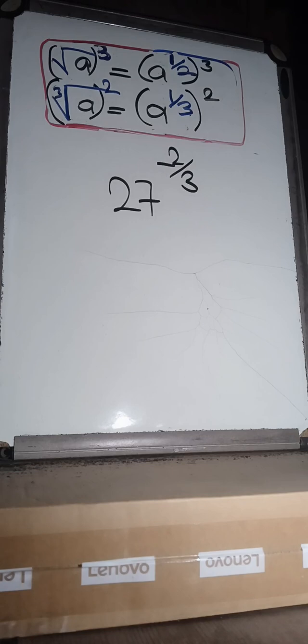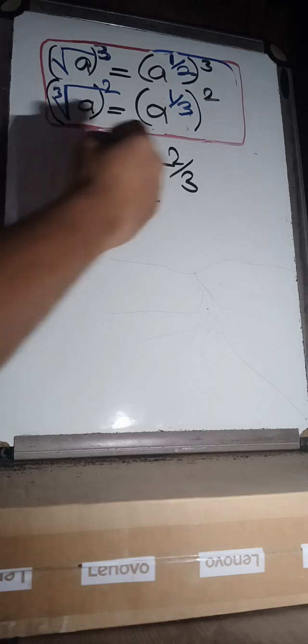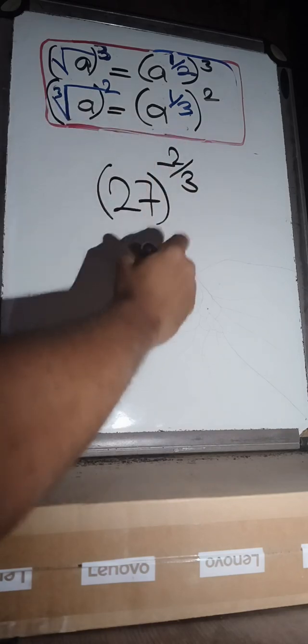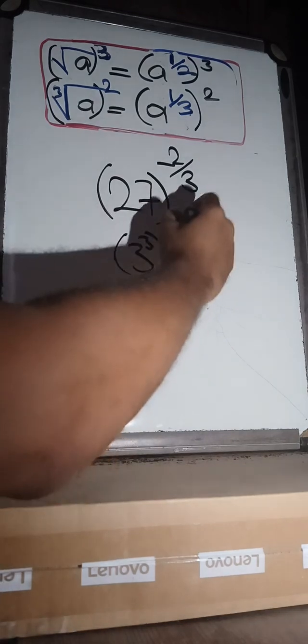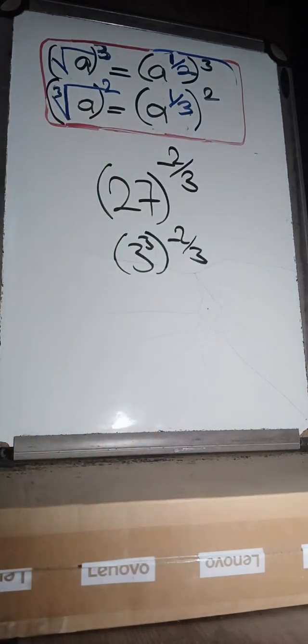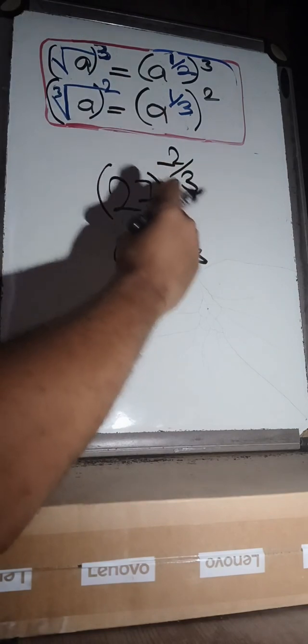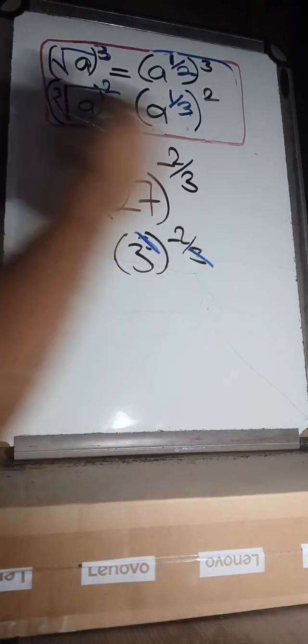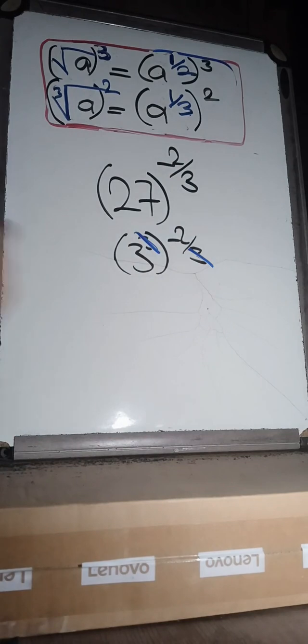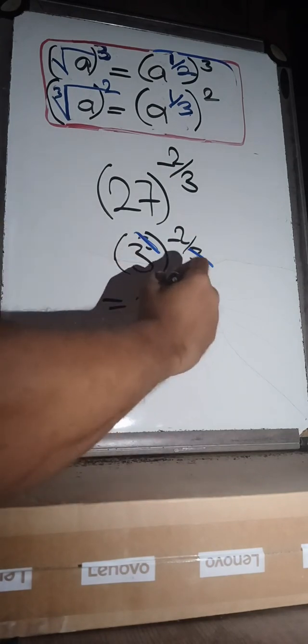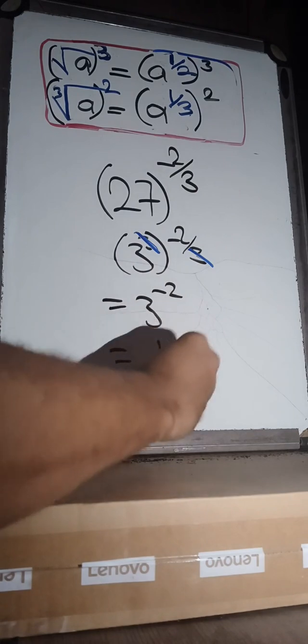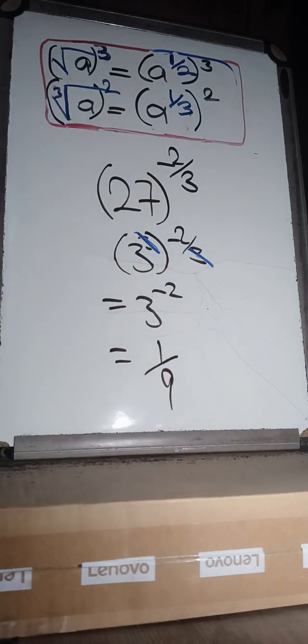I mean, it worked itself out, really. Because what are you going to do? Same thing. 3 to the 3. So now you have 3 raised to the minus 2, which is what? 1 over 9. Or 1 over 3 to the 2. Yeah, it's done.